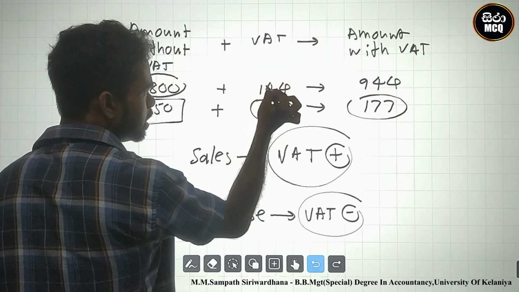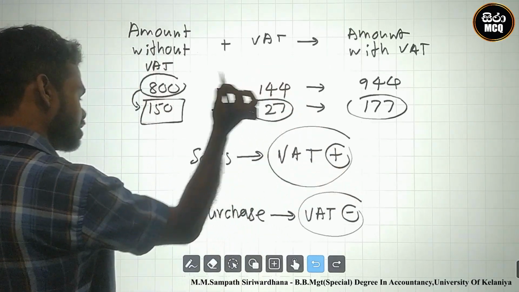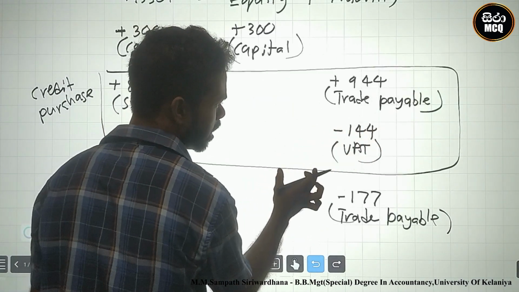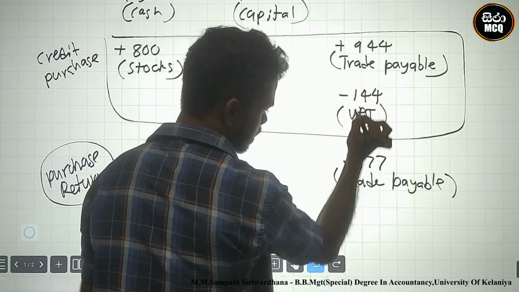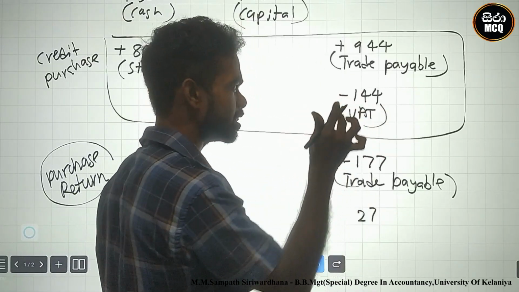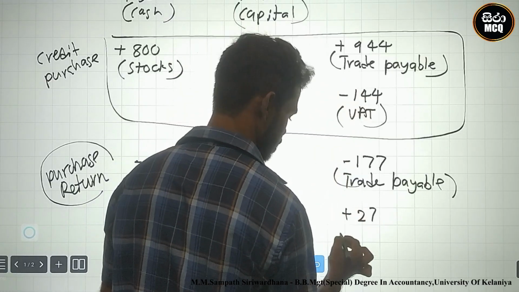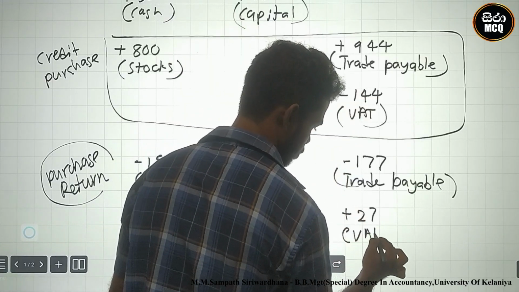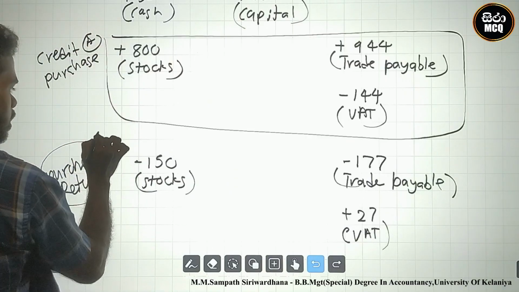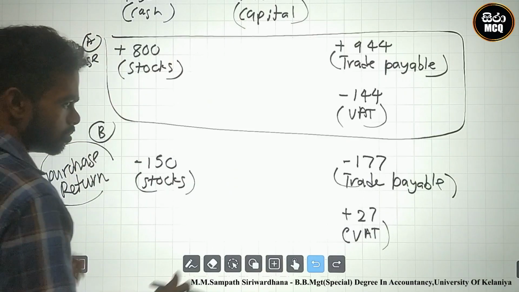VAT is related to 144, and 27. VAT was previously minus, so we must plus this 27 VAT. This is A transaction. This is B transaction.